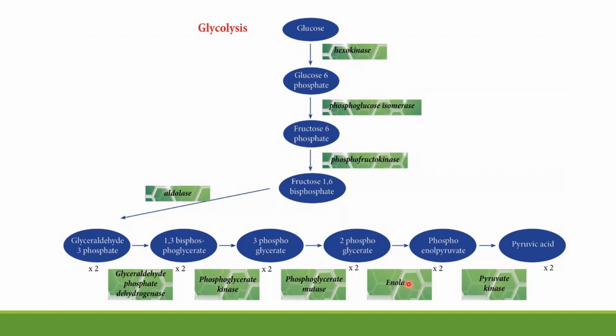But if I lose this enzyme and this one, I will not have any disease, so I shouldn't memorize them because they have no relationship with any disease. But I will explain everything, and you should memorize from glucose in here until here, exactly, and these steps, phosphoenolpyruvate and pyruvic acid.